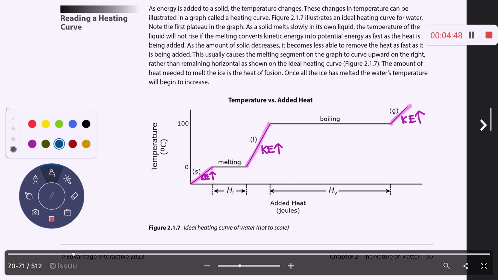Then you've got your phase changes, which occur when the temperature is constant. So as you're moving from left to right here, we're melting. So the moment that it starts to melt until all of it's melted, the temperature will remain constant.